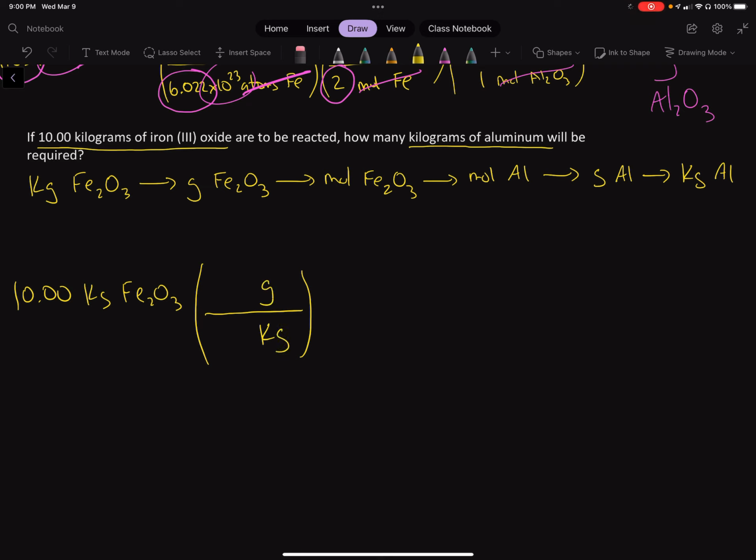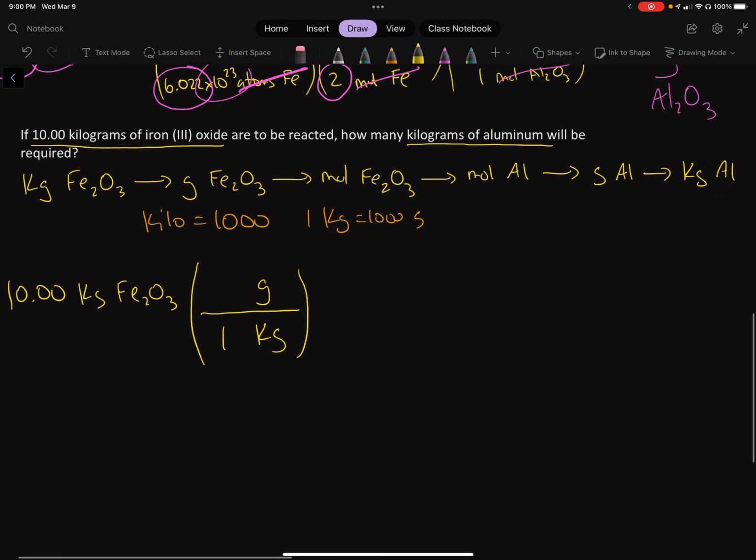So I put the kilograms on the bottom since we want kilograms to cancel, and grams on top. And you should strive to memorize, if you haven't already, that kilo is 1,000. So 1 kilogram is 1,000 grams. So I'll put 1 kilogram on the bottom and 1,000 grams on top.